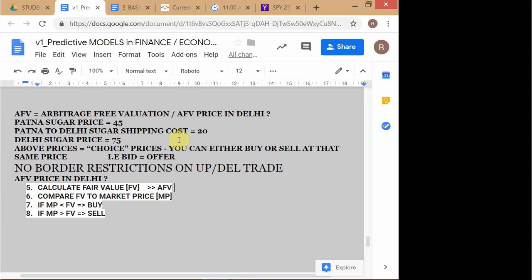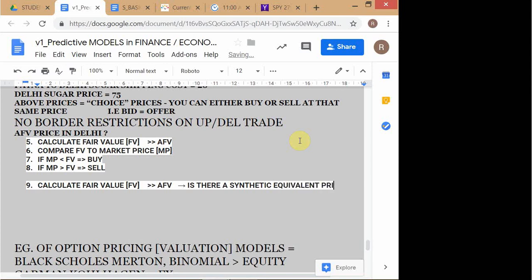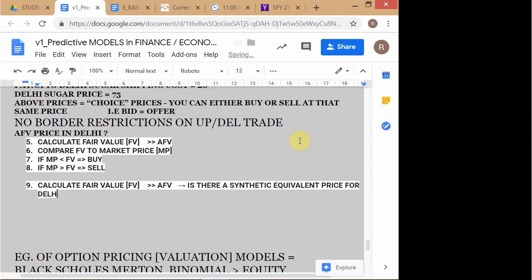You understand what a synthetic equivalent is? A kind of artificial equivalent, which has the same effect, but is not quite the same thing which you see. So the synthetic equivalent of the price in Delhi is, let's bring this here, AFV means you compare: is there a synthetic equivalent price for Delhi sugar?